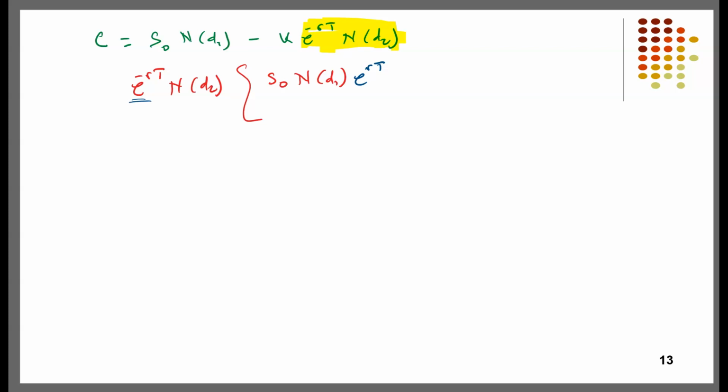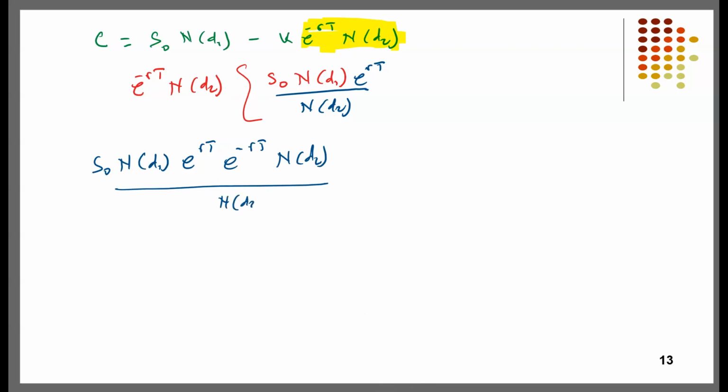So when I open the parenthesis, I'm going to multiply this term by that term. That's going to be 1. I'm going to get back to S0 ND1. And then I'm going to divide this by ND2. So I would essentially be doing S0 ND1, exponential of minus RT, exponential of RT, and we multiply by ND2 and divide by ND2.